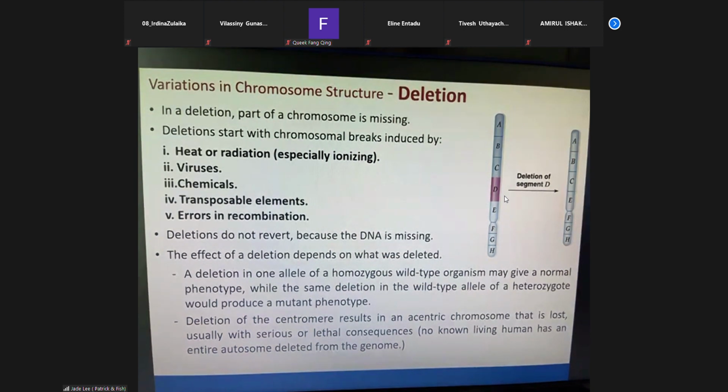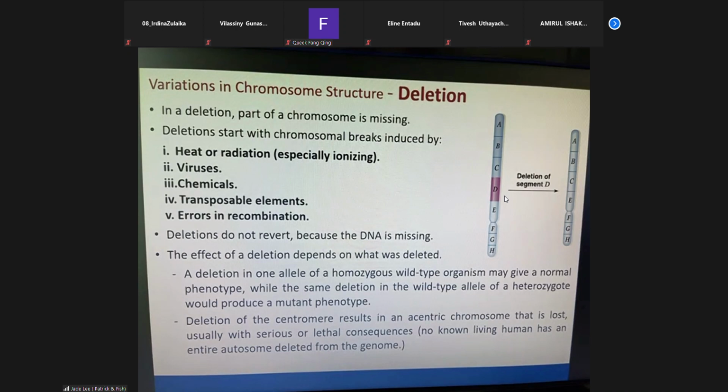So far, none. So if deletions of the centromeres result in acentric chromosomes, if the whole P arm or Q arm is deleted, usually this mutation will lead to a lethal consequence. It means this organism cannot survive. So far in humans, there is no one with a whole entire chromosome deleted who can still live.